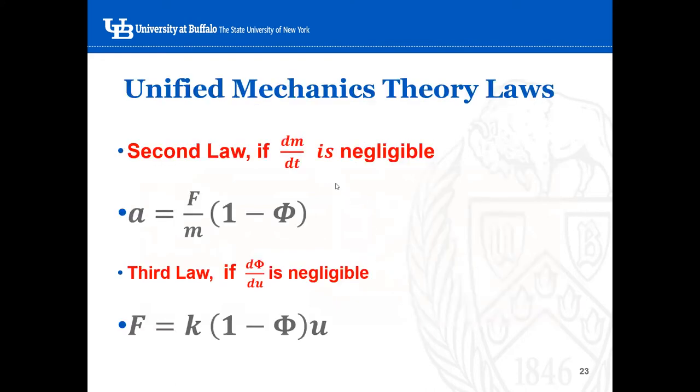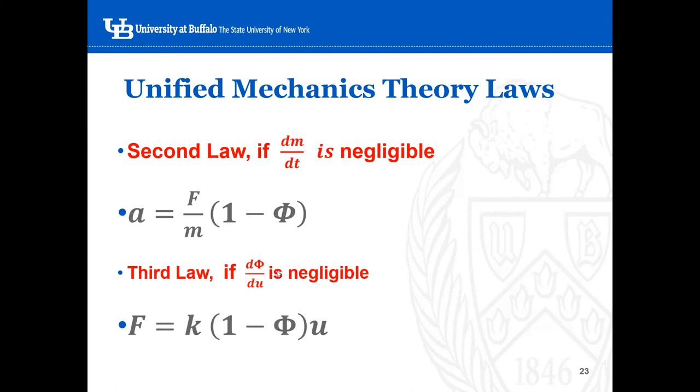So if dm over dt is negligible, just for mathematics, you can write it in this form. And then you can write the third law in this form. Actually, in this term, the derivative of entropy phi with respect to u is not zero. But if it is just a small deformation, small strain problem, it can be small. But this term, derivative of entropy with respect to displacement, is not zero.